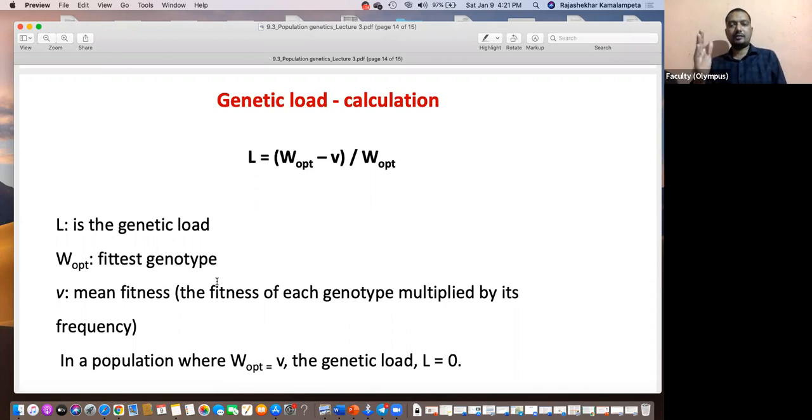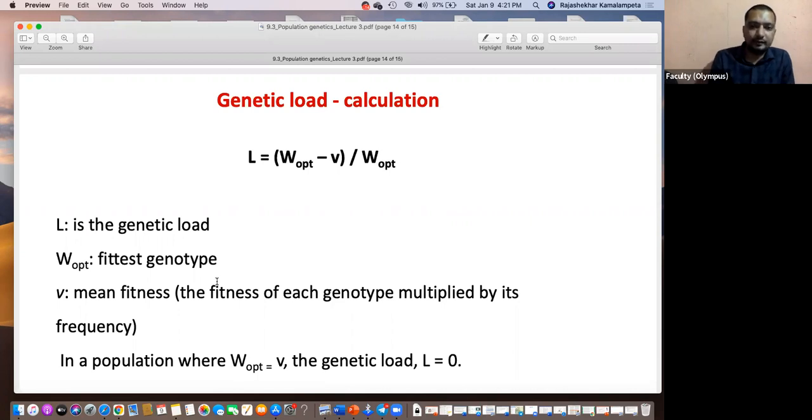The average fitness of the population and the best genotype of the population are the same. Then is there a load? No load, zero load, because there is no negative effect of any change. The population is maintained at the best optimal status. That only happens when there is no load. So L equals 0.